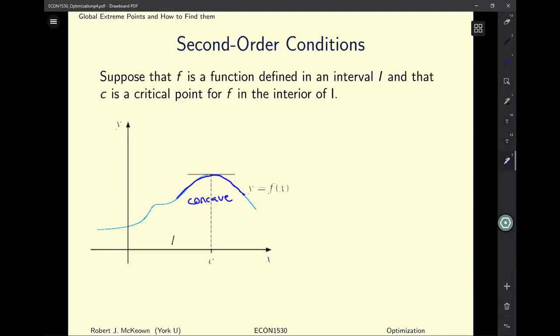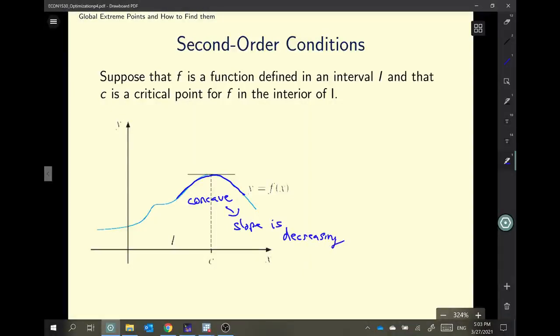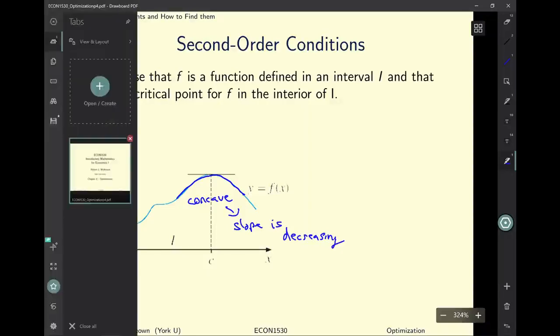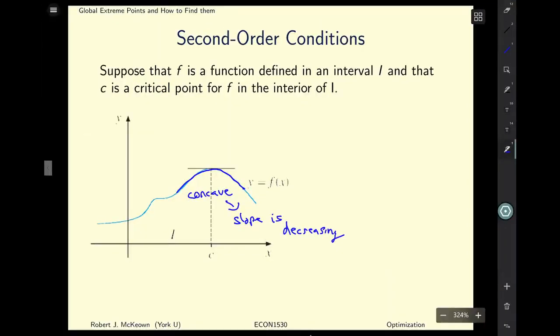What does it mean for a function to be concave? The slope is decreasing. And you can see that it's positive here, and then it's negative there, and that's because the slope is decreasing.